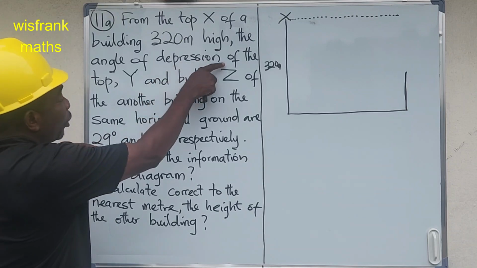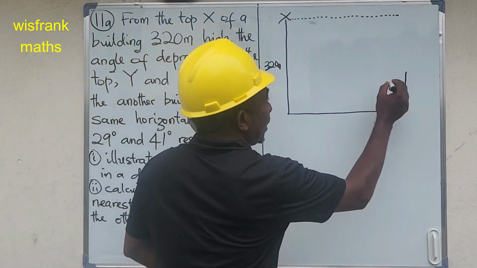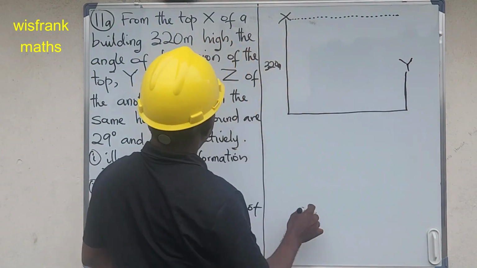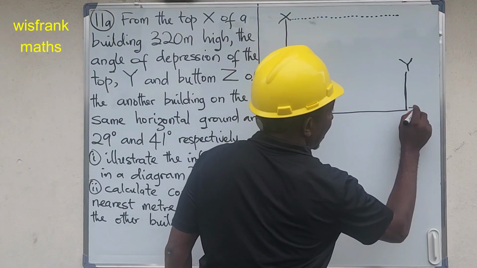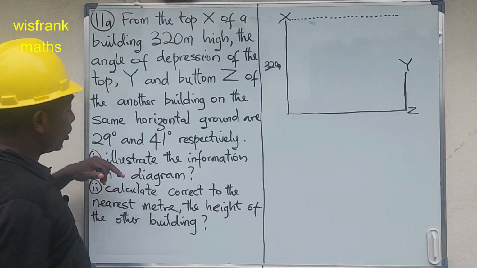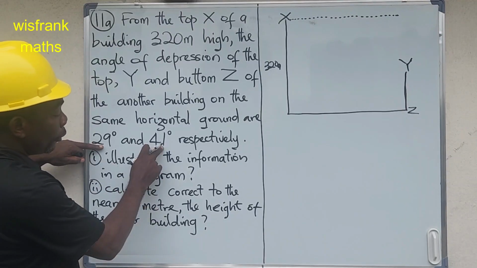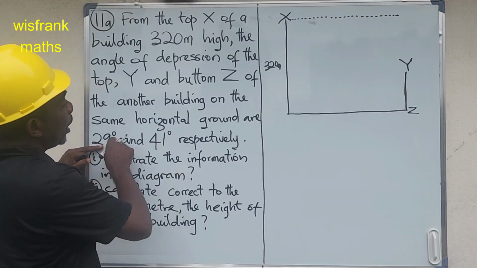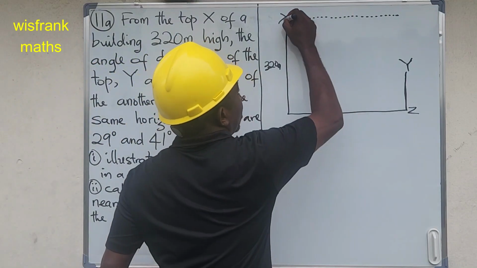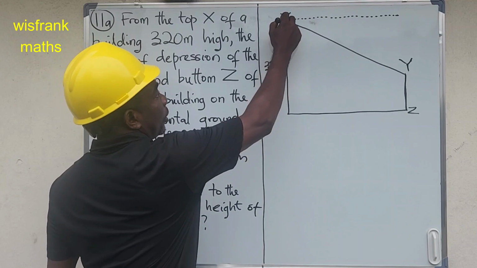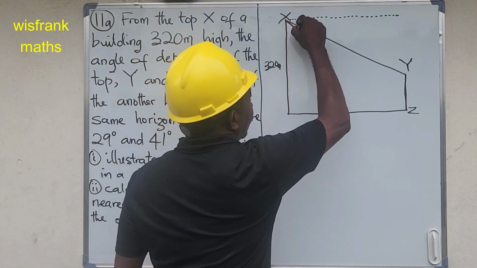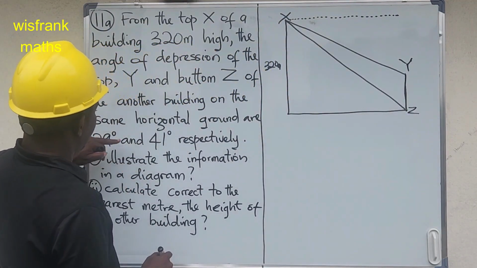The angle of depression of the top Y, let's say this is Y, the top of the other building, and the bottom Z of the other building. Somebody standing here, the angle of depression goes this way to this point, and the same point goes again to that point.